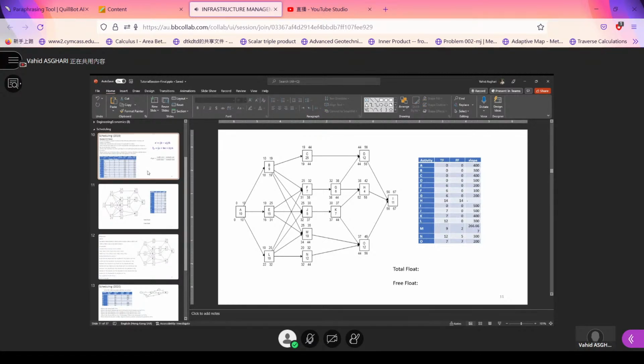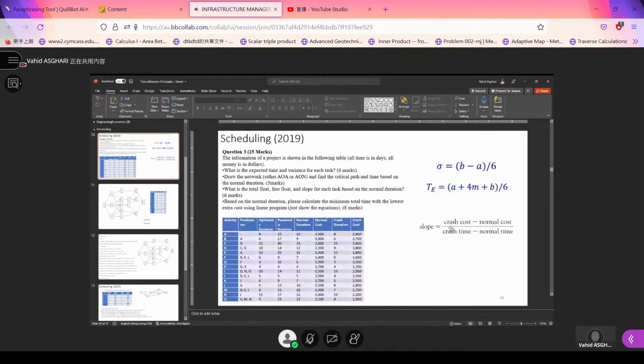And about the slope, the equation is provided in the slides. It's called crash cost minus normal cost over crash time minus normal time. Can anybody tell me what is the intuition behind this slope?